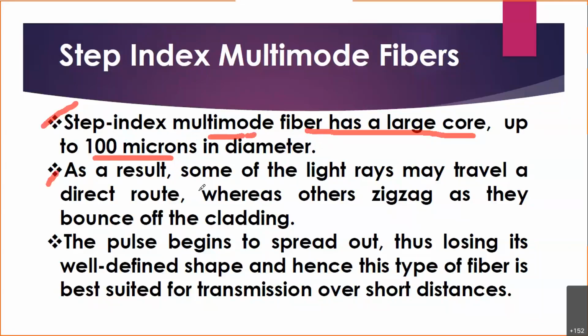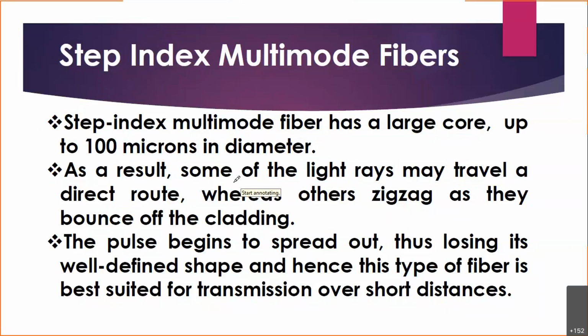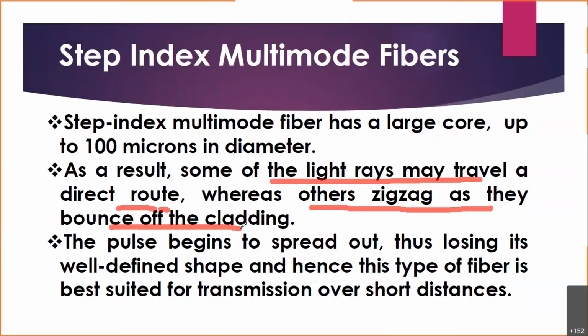Second, what happens if you go for the step index? Some of the light rays may travel on a direct route, some may travel zigzag. Okay, we will see the diagram again. Some of the light rays may travel a direct route, others may follow the zigzag one and bounce off the cladding. We'll see the diagram and discuss this.